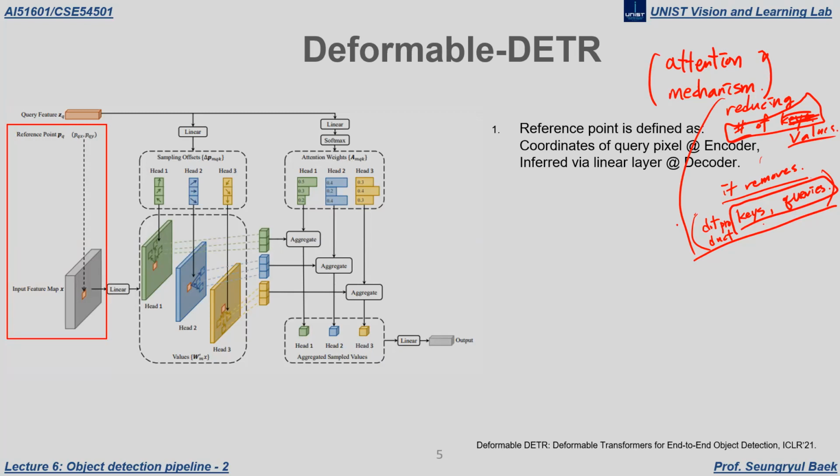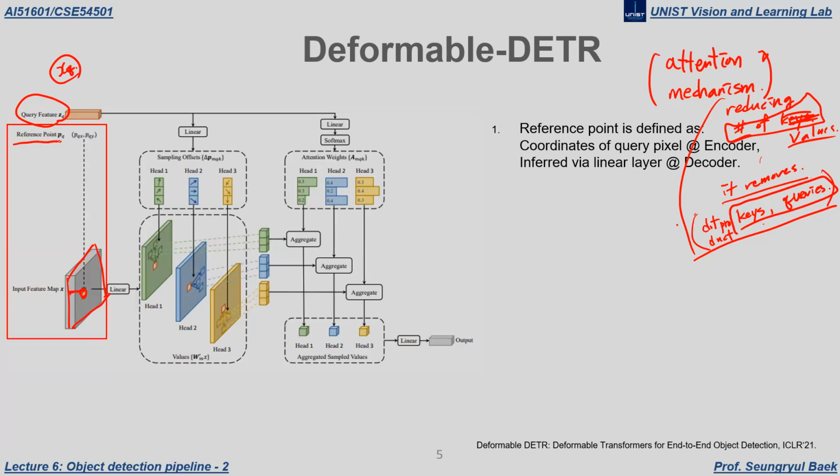From the query features, this XQ is denoting, from the input feature map, we can select one pixel in the feature map, and that would be some vector, right?